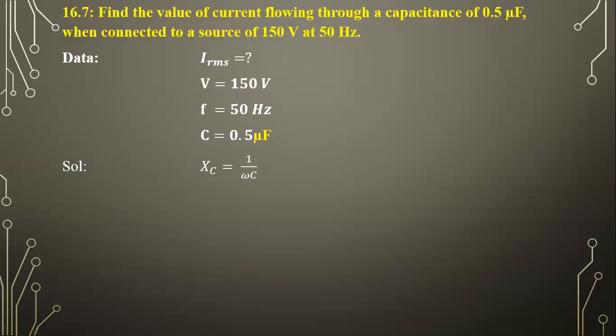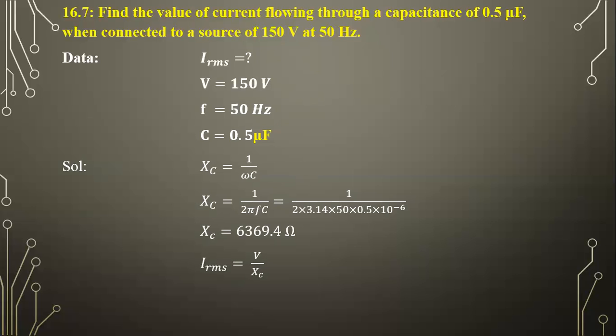So XC is equal to 1 over omega C, and omega can be replaced by 2 pi f. By putting the values of F and C, where F is 50 hertz and the capacitance of the capacitor is 0.5 microfarad, the capacitive reactance is 6369.4 ohm.